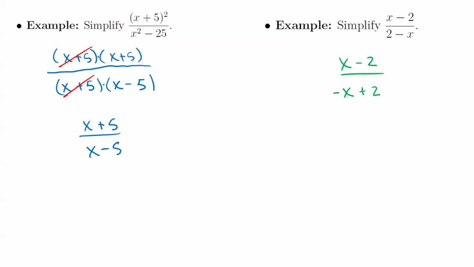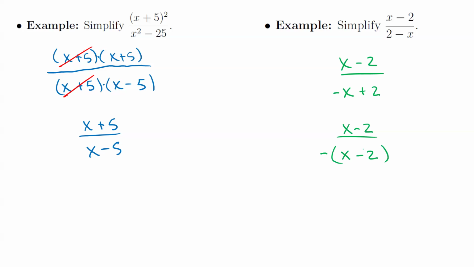Now, when you look at this, you can say, okay, what happens if I factor out a negative? Which literally means let's take a negative outside, and you're really taking a negative 1 out. And we need to get this back. So negative 1 times positive x would give me negative x, and negative 1 times minus 2 would give me plus 2.